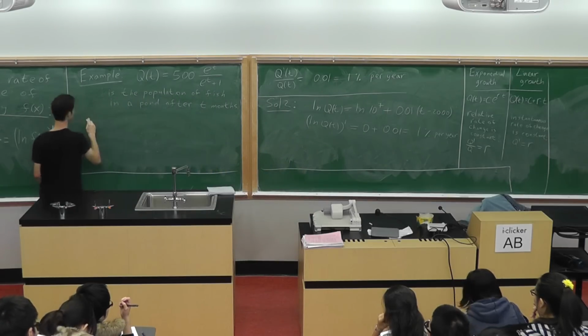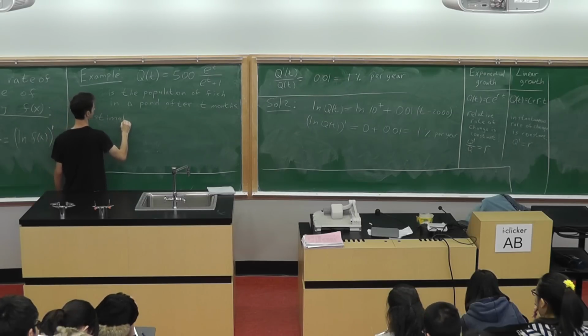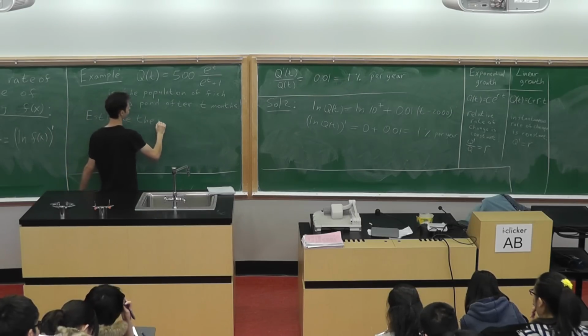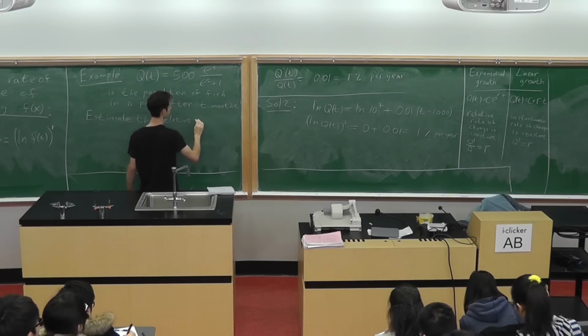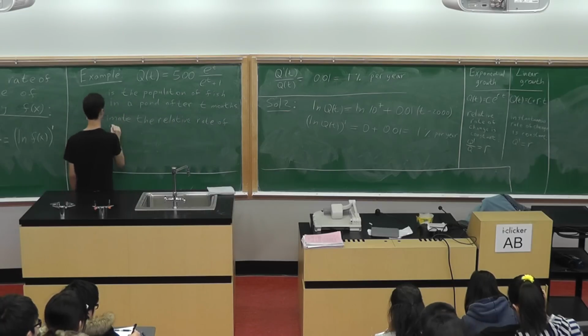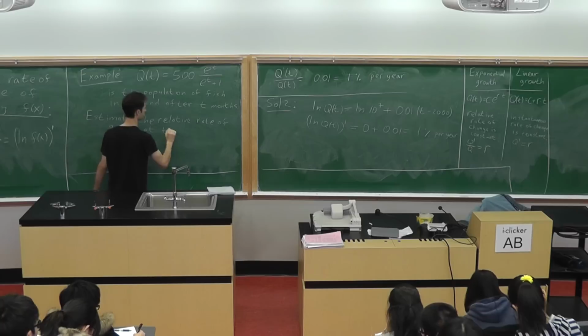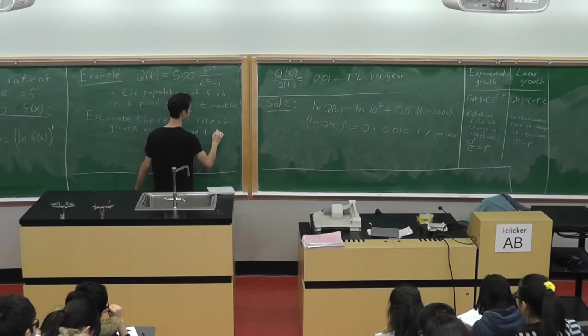And the question is, estimate the relative rate of growth at t equal to 0 and t equal to 12 months.